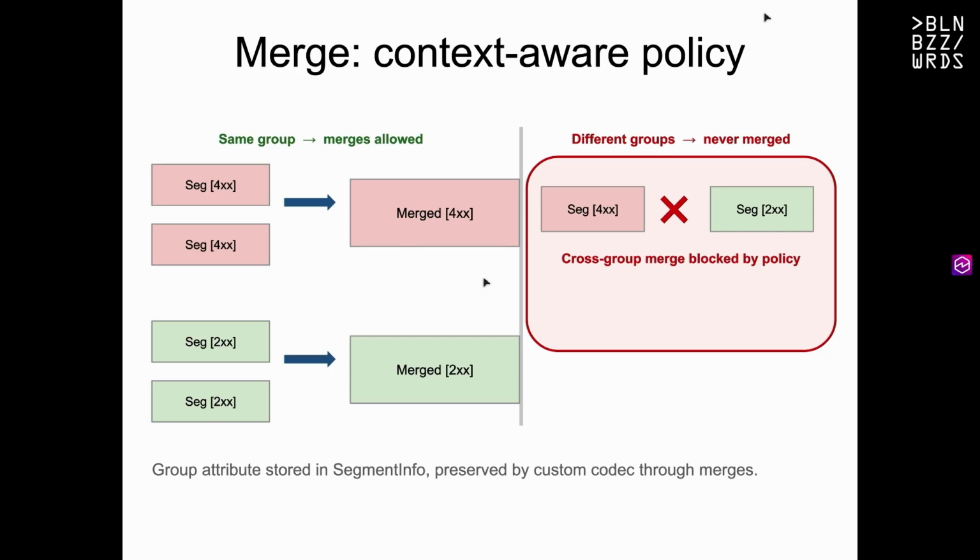Therefore, in order to enforce this strict constraint, we are creating our own new merge policy, which ensures that segments from the same group are eligible to be merged together, but segments from different groups are never considered as merge candidates in any case.